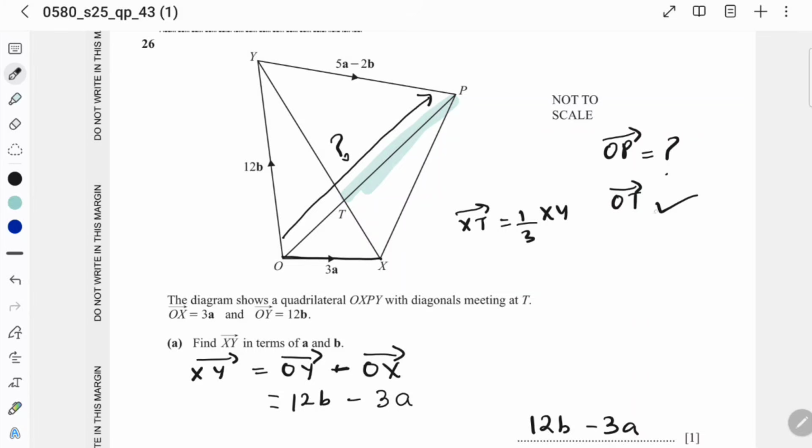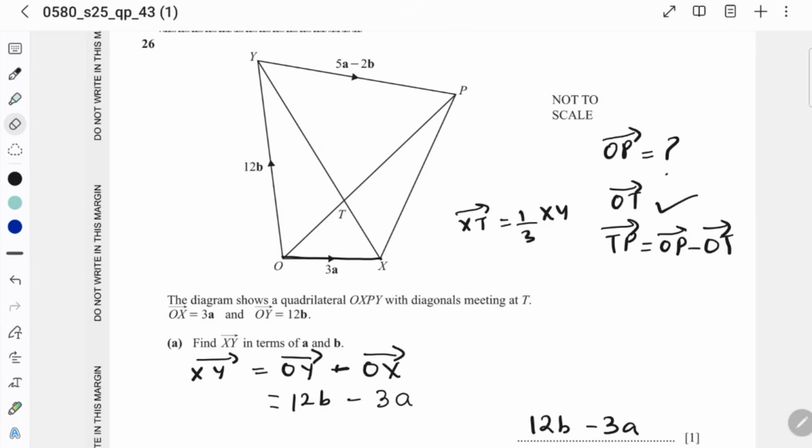To find TP, we subtract both of them, so that is OP minus OT. Remember, look at the diagram: OP the whole minus OT, then we can have TP.